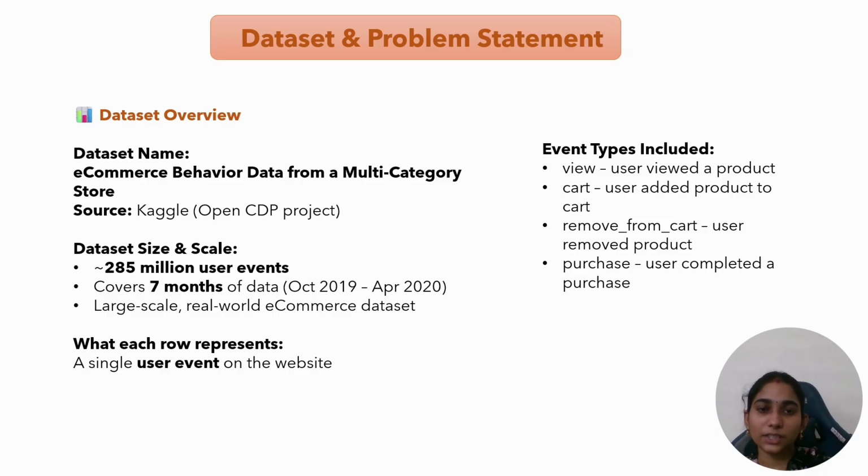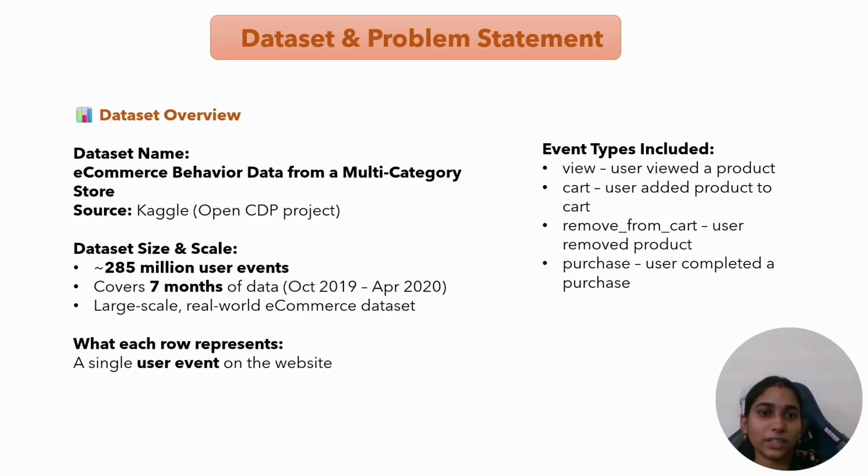Each row in the dataset represents a single user action on the website, such as viewing a product, adding a product to cart, removing a product from cart, or completing a purchase. Because of the large-scale, event-based nature of the data, traditional tools are not enough. That's why this data is well suited for Databricks and distributed data processing.